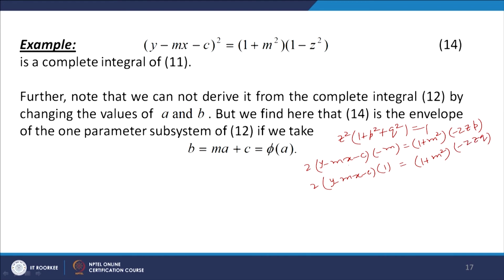So, we can cancel minus 2 on both sides. So, y minus mx minus c times m is equal to 1 plus m square into zp, and y minus mx minus c is equal to 1 plus m square into zq.